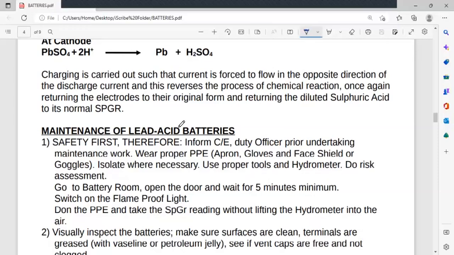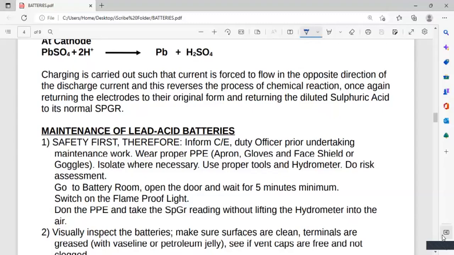Wear proper PPE in your particular places where you have your wet cell batteries, your lead acid batteries, battery locker, and in the emergency generator room. You have the appropriate PPE, apron. Apron would have to be acid resistant, not an ordinary apron.